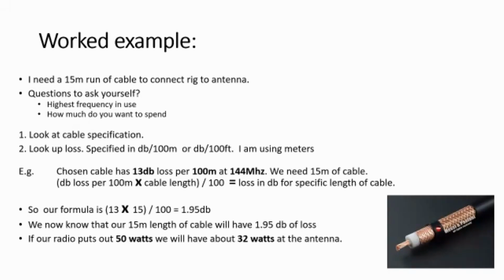One thing to note is that loss is not just on transmit, it's on receive as well. You will have 1.95 dB of loss on receive and on transmit. For some people, that's more important if they do weak signal work. But for 15 meters of cable at 2 meters, almost 2 dB of loss, it's not too bad.